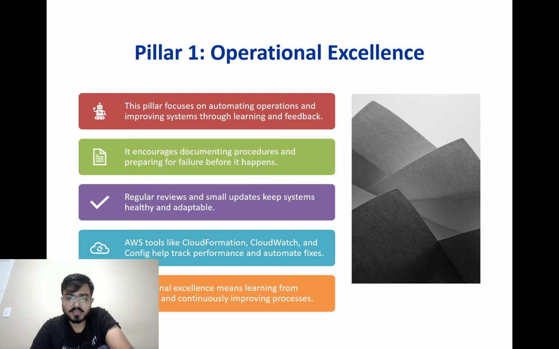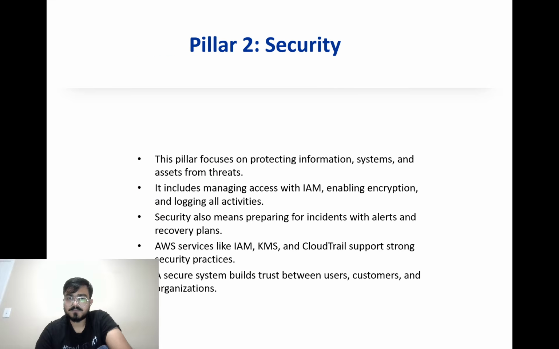AWS tools like CloudFormation, CloudWatch, and AWS Config help automate and monitor operations. For example, CloudWatch tracks system health and can send alerts when something goes wrong. Operational excellence ensures that your AWS setup keeps improving every day, just like a well-maintained machine.